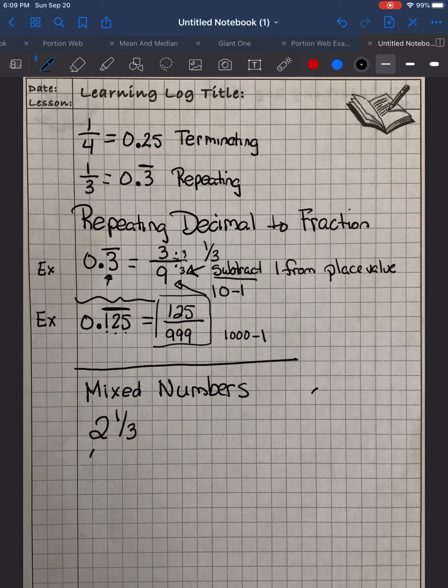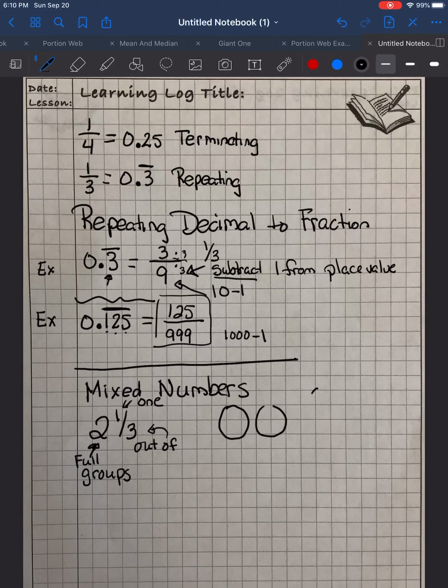Well, no, I'll do it here. We have 2 full groups and 1 out of 3, right? And so we have 2 full groups and then a partial group. So let's say we had circles.